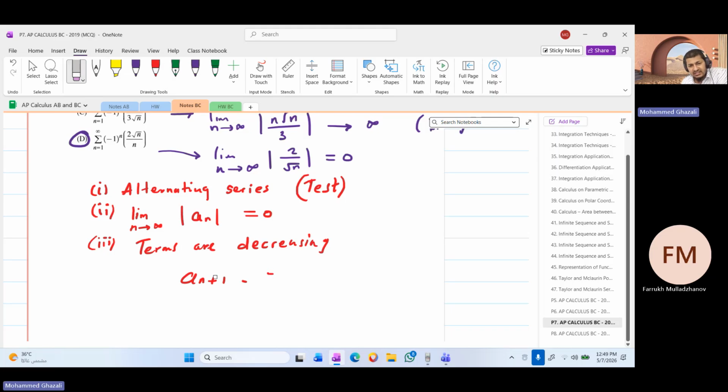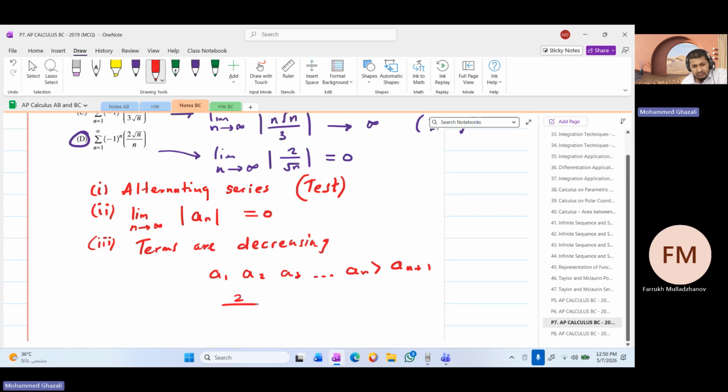Remember you got a1, a2, a3, you got an here and you got an plus 1 here. So terms decreasing means an needs to be greater than an plus 1. Okay, so is this true? Let's check.